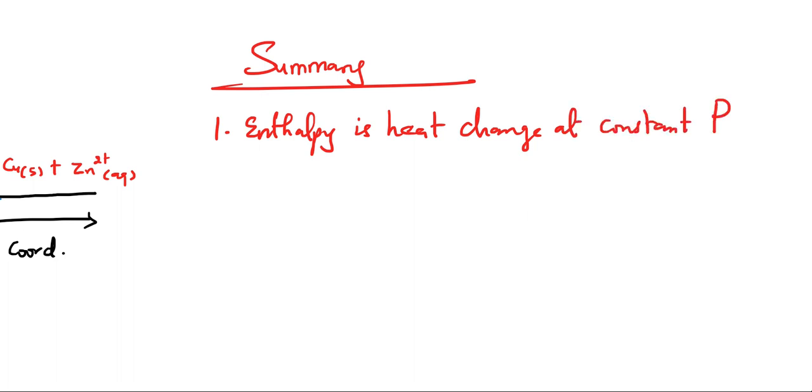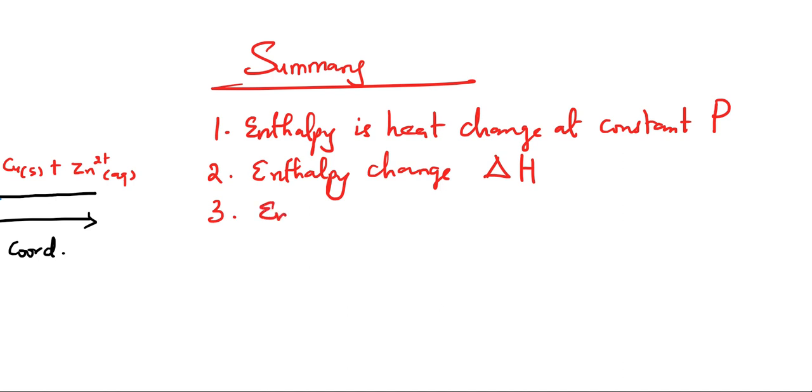Pressure has capital P. Enthalpy change is represented as delta H. And enthalpy is a state function. That is, it does not depend on the history of the chemical taking part in the reaction.